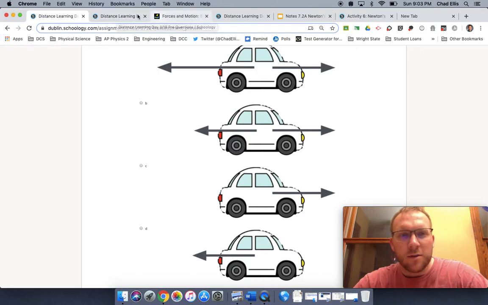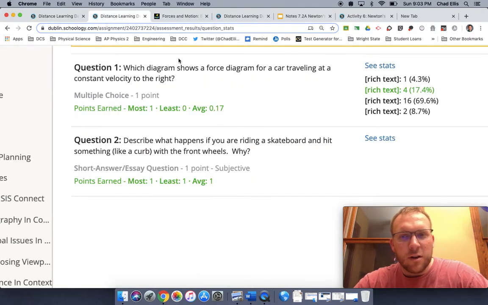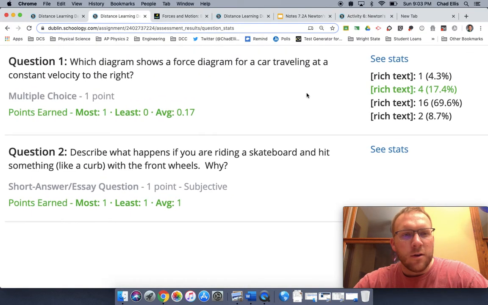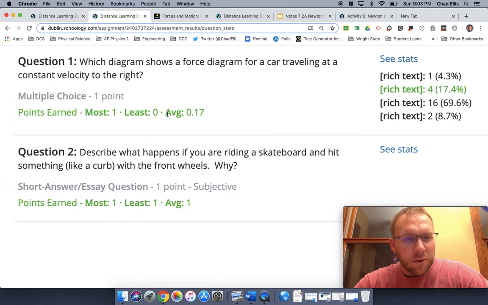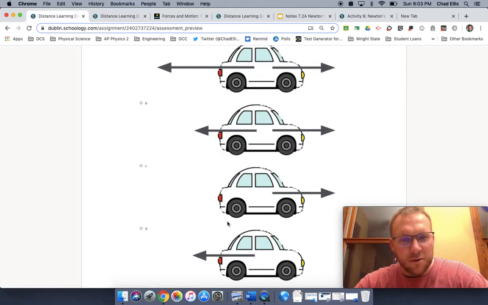Before you did that simulation, here are our breakdowns. On average, about 17% of us actually got the question right. 16 of us, or about 70% of us, chose this answer right here, C, which is what I would expect. It's exactly what I think you think is correct.